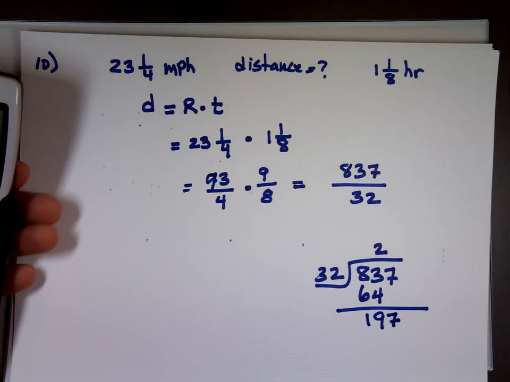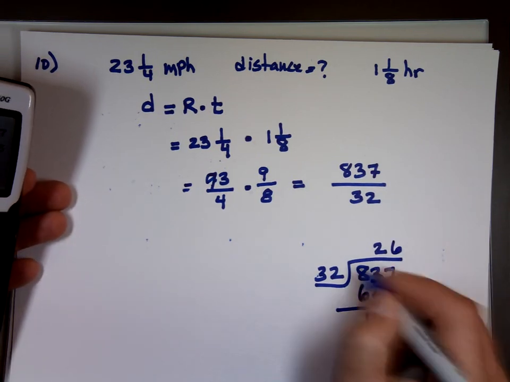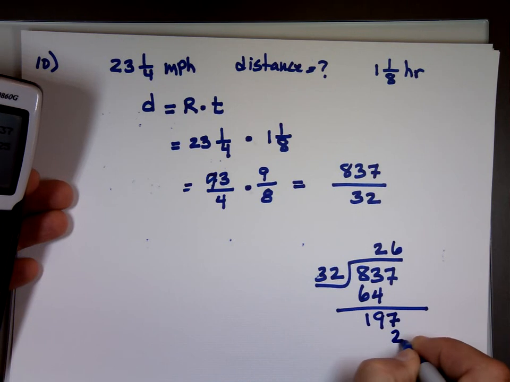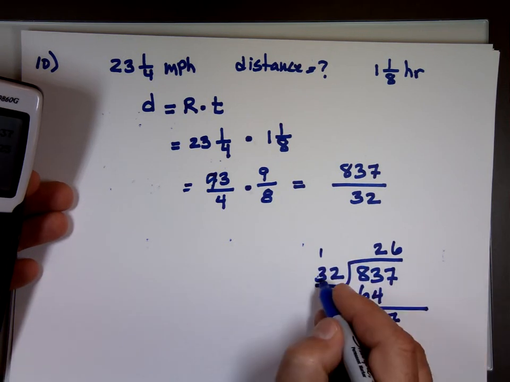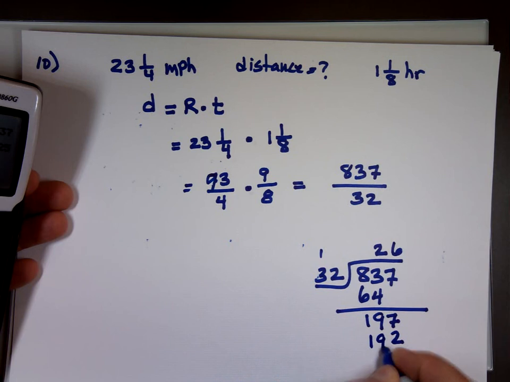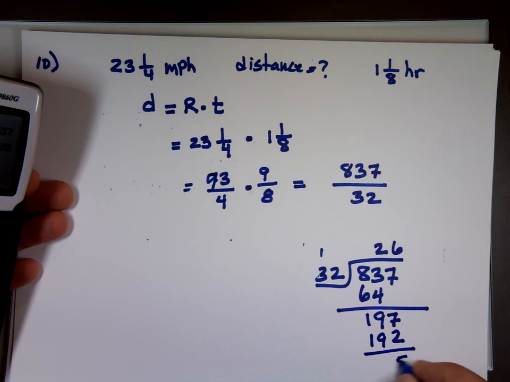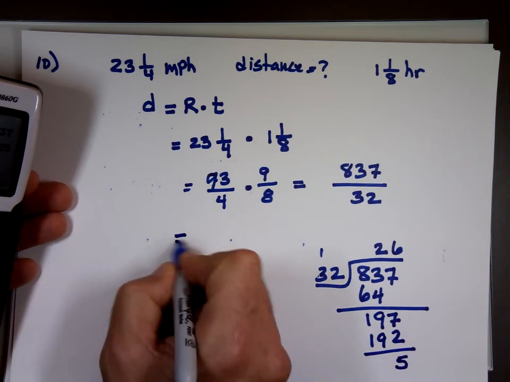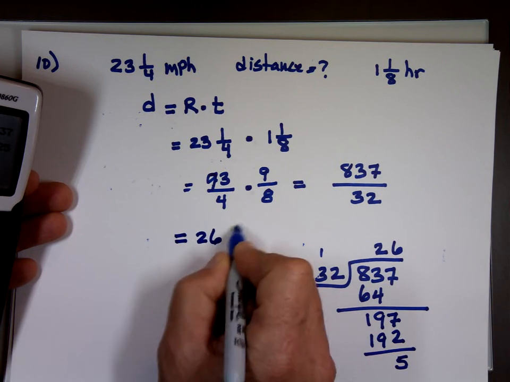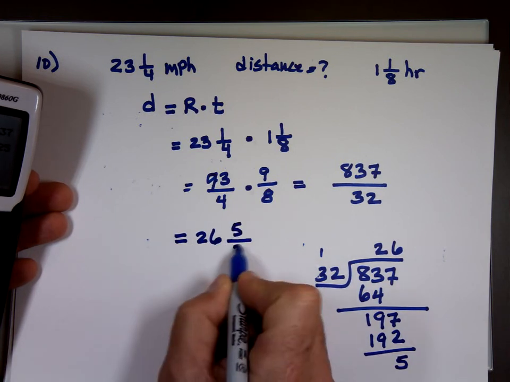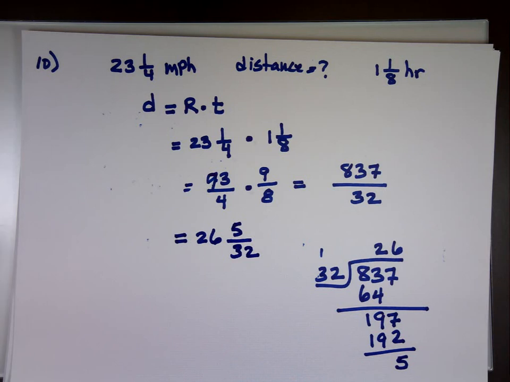Could it be 6? 6 times 2 is 12. 6 times 3 is 18, 119. And what's the remainder? 5. So that's equal to 26 and 5 over 32. 26 and 5 over 32.